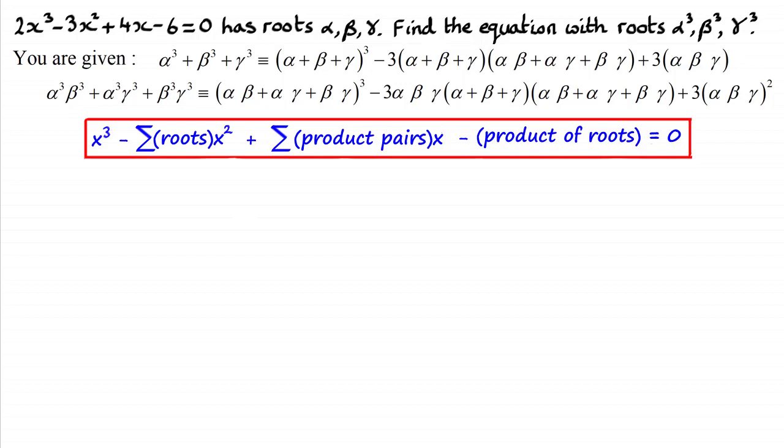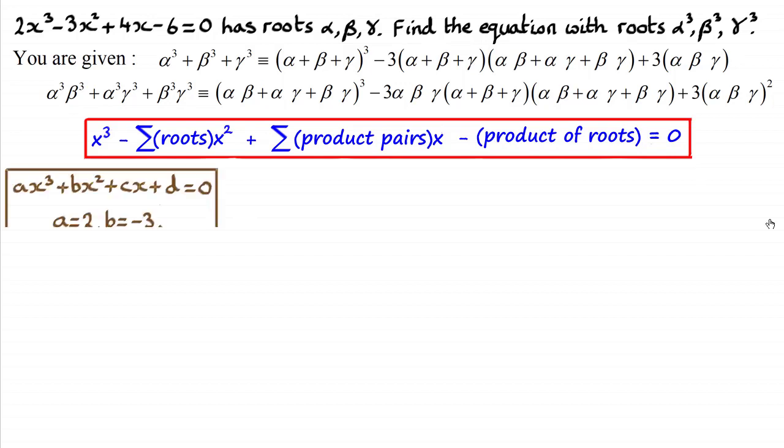I showed you in the past that if we take a cubic equation of the form ax cubed plus bx squared plus cx plus d equal to 0, like in this one here, then the value of a would be 2, the value of b would be minus 3, c would be 4, and d would be minus 6.